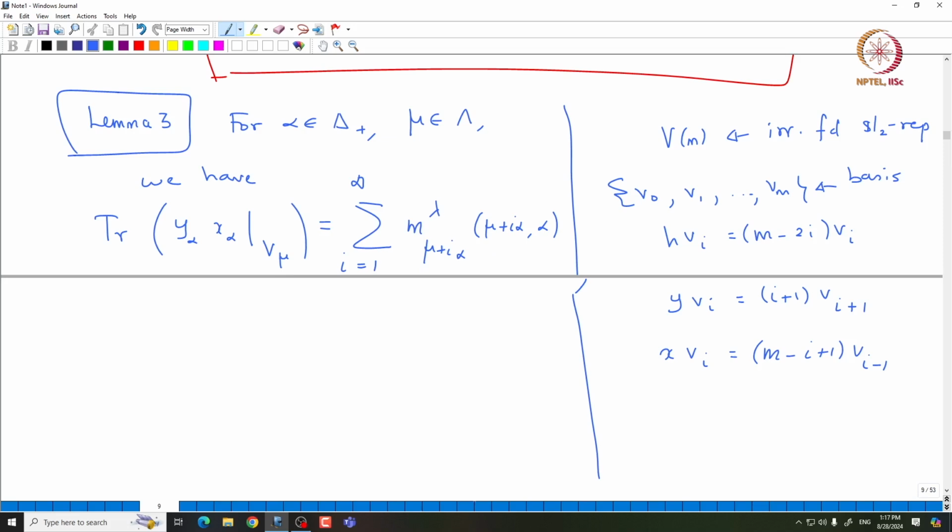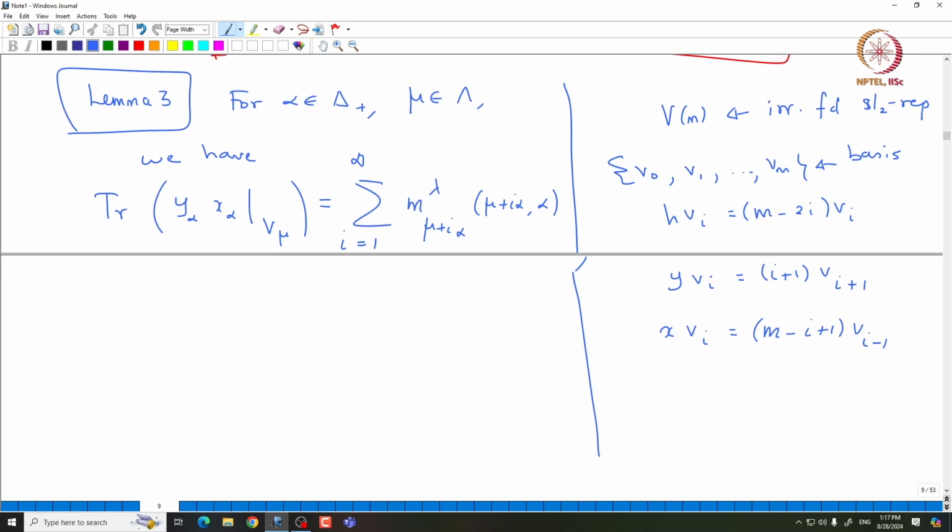To be on the safe side, because SL2 invariant means it should be invariant under the operator S alpha, the reflection, we are going to construct this interesting space, let us call it W bar, which is the direct sum of all these weight spaces mu plus i alpha, where i runs over all integers.